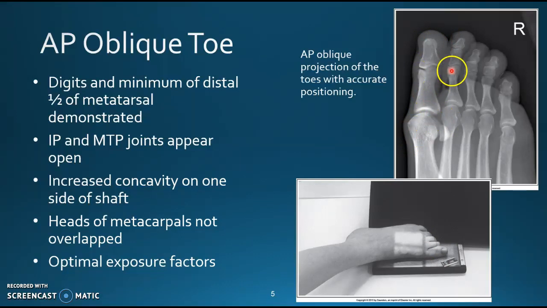You will have increased concavity on one side of each phalanx. You can see there's increased concavity, and the heads of the metatarsals should not be overlapping. If they do overlap, that means that there's too much rotation.